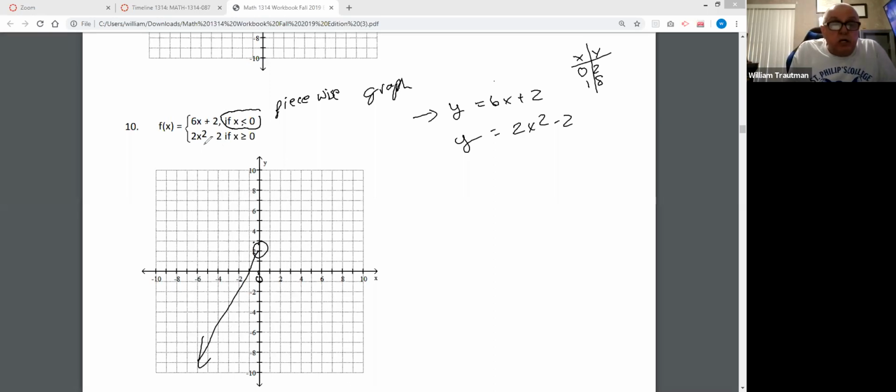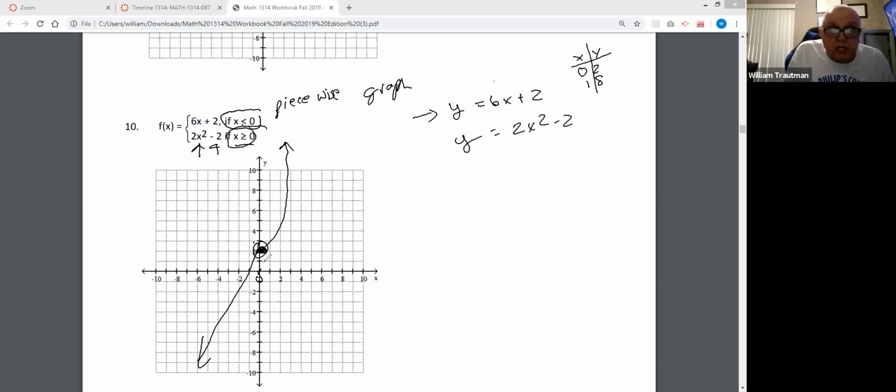On this one, this is x is greater than or equal to 0. Remember, x squared is a parabola. A minus 2 means it goes down to minus 2 from here, so there's a point here, it equals, and then it goes up. So you just have to be able to graph both of them and look at the restrictions. See the restrictions here, x has to be greater than 0.